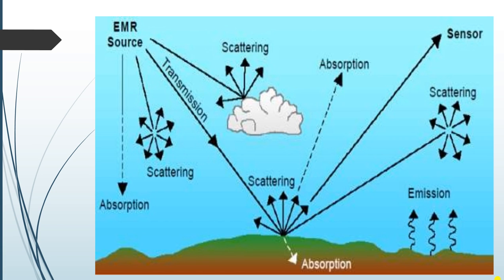Scattering takes place in the atmosphere or from clouds. Some radiation falls onto water, and as we know, the maximum part of the earth is water. That is why when light falls onto the earth, it gets distributed in different directions, and because of that we observe the color of the sky as blue.